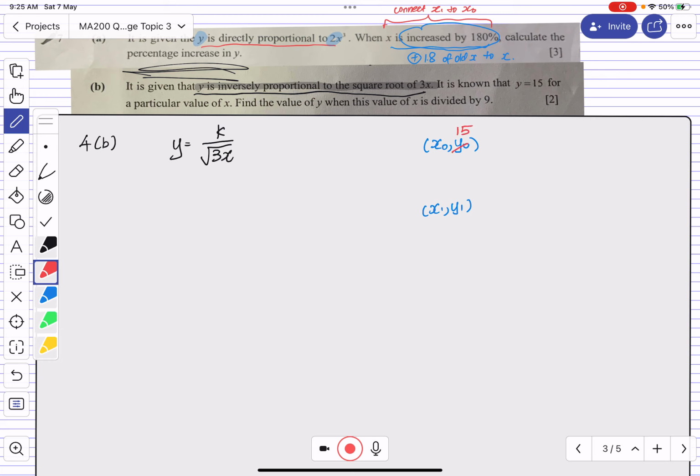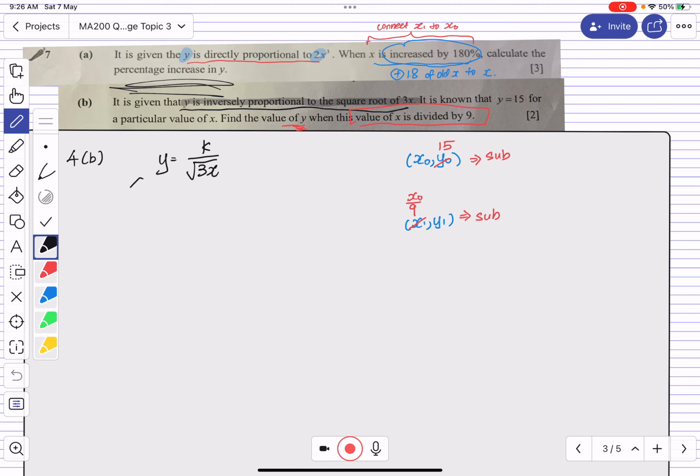The connection is that I want to find y1 when this value of x is divided by 9. So x1 is represented by x0 over 9. That's the connection. After we have done the connection, we can do the substitution. Now I rewrite this equation. I want k to be the constant that bridges both sets of values.